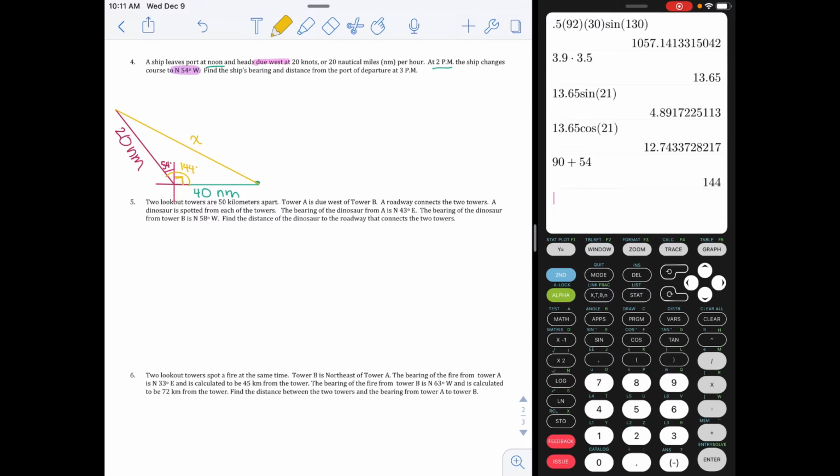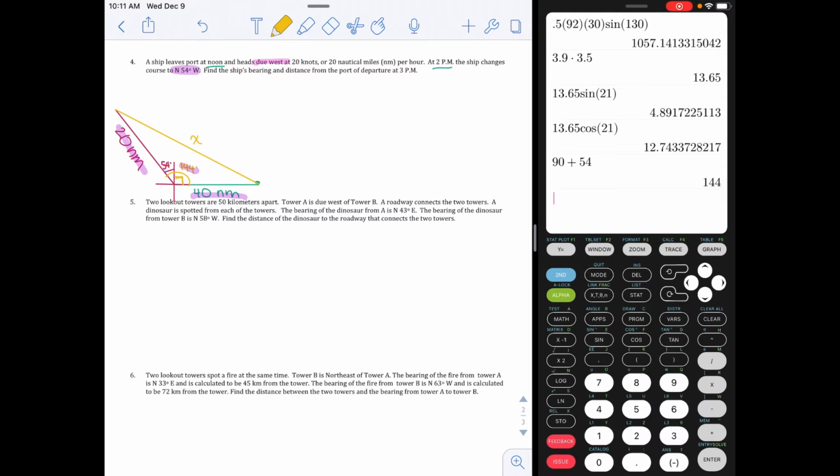Now I have to figure out how should I do this. If I want to know that side, and this is an SAS triangle, right? SAS triangle. I have to know which law do I have to use. So in this one, I'm going to use the law of cosine.